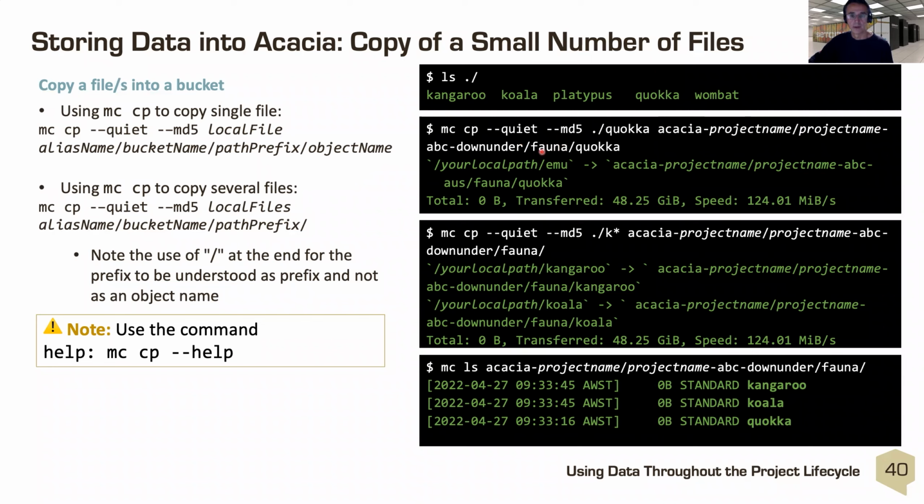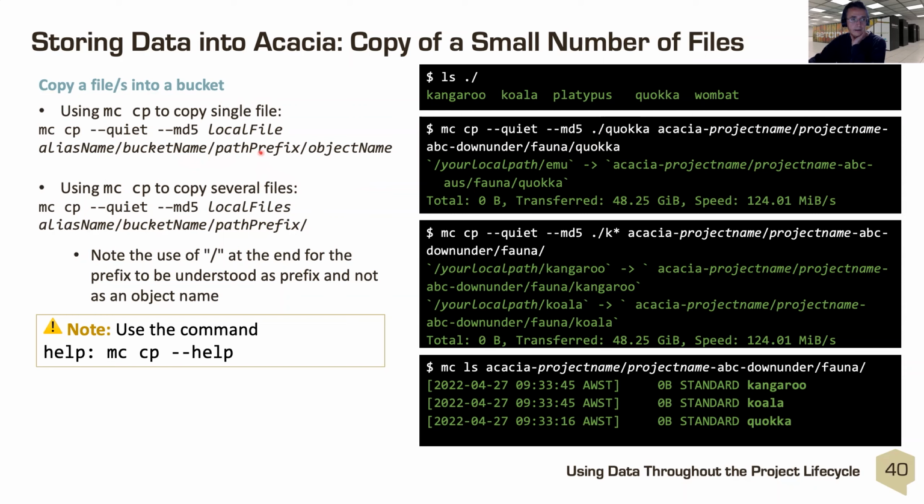So you can define a prefix under the bucket, and then finally the name of the object. So this is copying the Quokka file into the bucket project name ABC down under, using the prefix fauna and the final name Quokka.